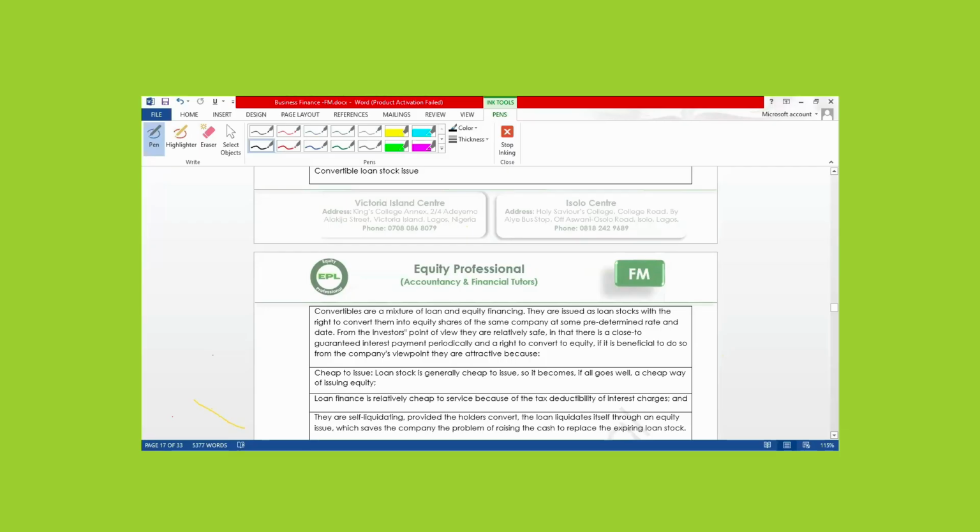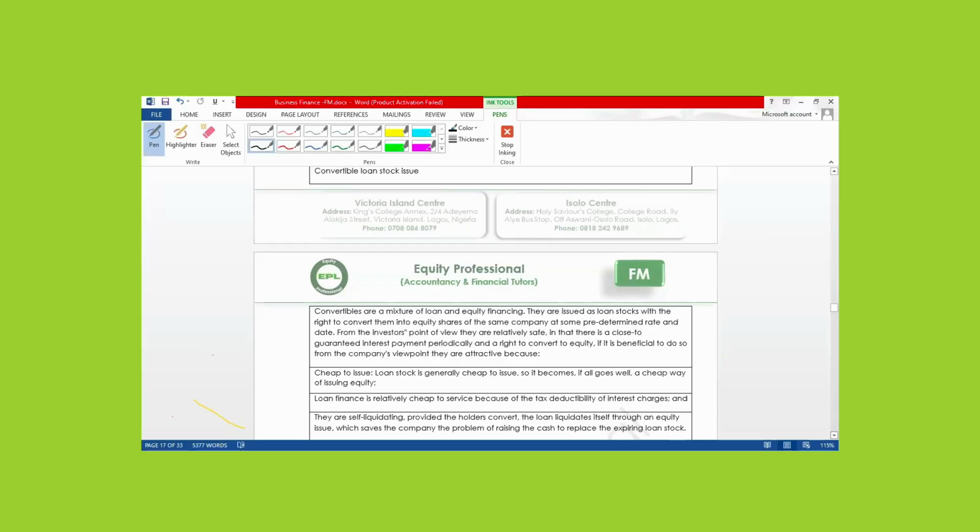Convertible loan is very safe for me. I'm going to get interest on the convertible loan annually or periodically, and I can decide to convert to equity if it is beneficial to do so.